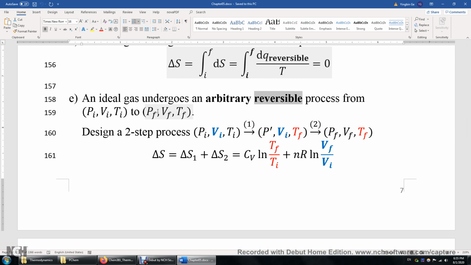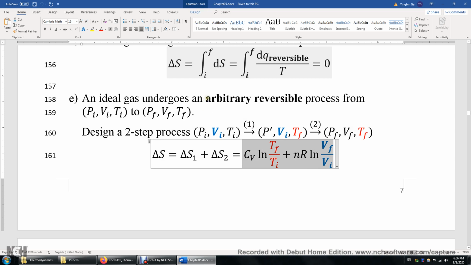There's no change, same thing. So for an arbitrary irreversible process from the initial state to this final state, the change in entropy is still the sum of these two terms. No change at all. It may seem confusing, but look, I'm going to ask you another question.